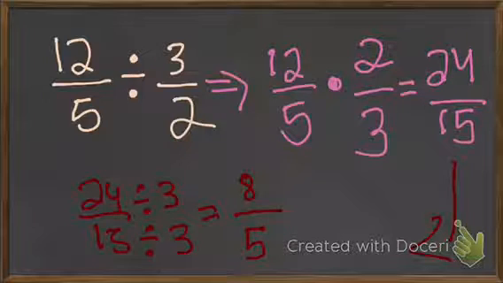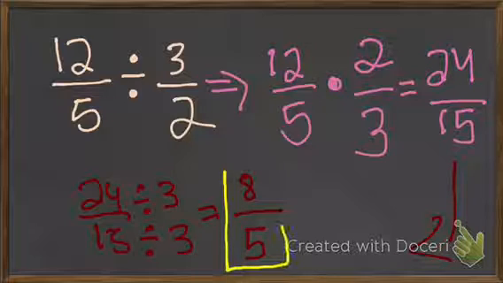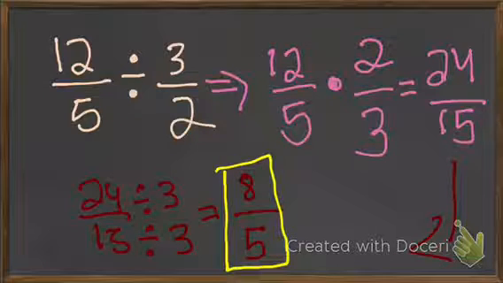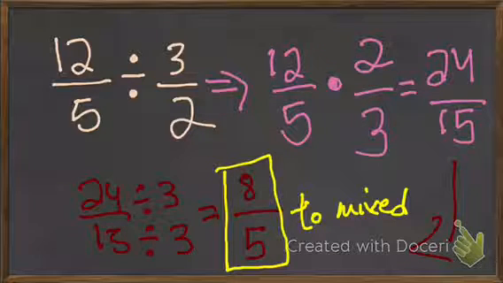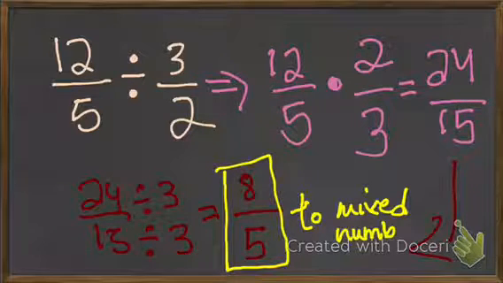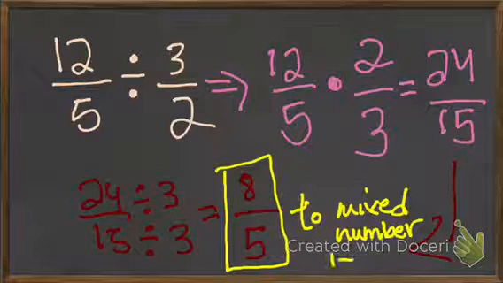And now again, you have a choice, depending on the directions, if you want to change this improper fraction to a mixed number. I'll just give you the answer just in case you want to check your work. It will be 1 and 3/5. Okay?